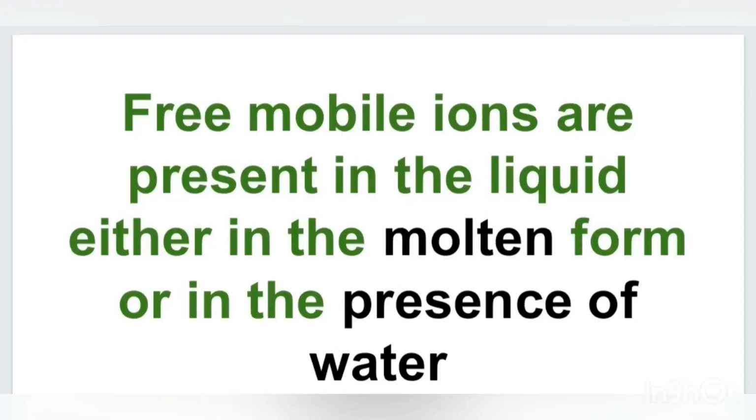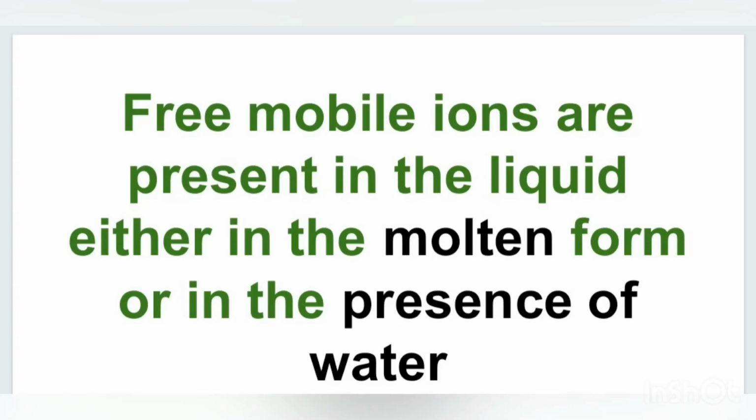When we are talking about the presence of free mobile ions, we need to understand that the free mobile ions in the electrolyte can be present only in the molten form or in the presence of water.